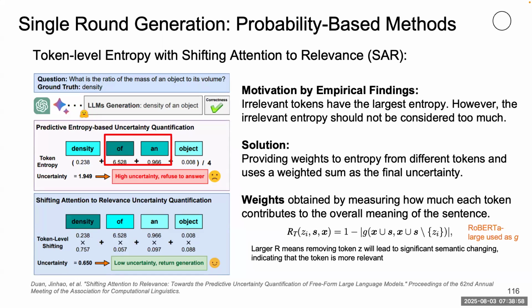That's how they assign this weight through this equation here. Then with this weighted entropy, you calculate it over all the tokens in the sentence and treat it as your final uncertainty.